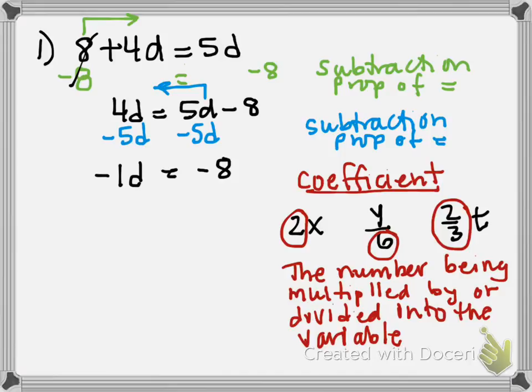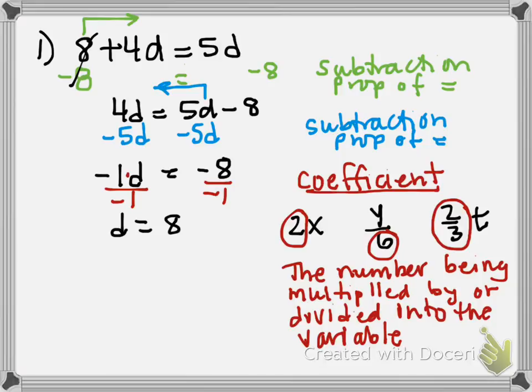I cannot add or subtract negative 1 with d. It's impossible. Negative 1 is multiplying with d, ladies and gentlemen. Therefore, the inverse would be dividing by negative 1. Here the signs are the same, so I'm going to get a positive and I get an 8.